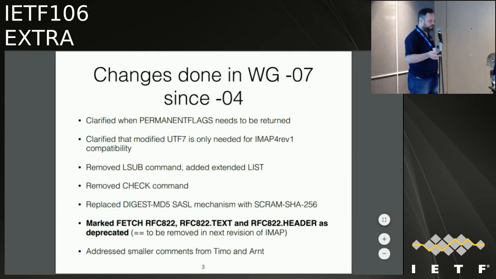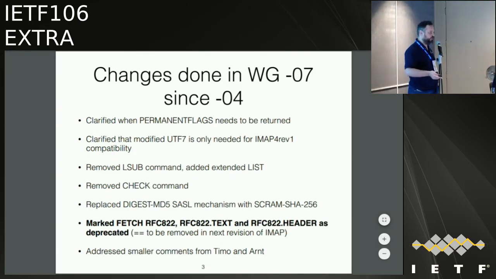If people feel strongly that they should be just taken out, I'm very happy to do this change. I guess if you're enabling IMAP4 Rev 2, you know what you're doing enough to take them out.